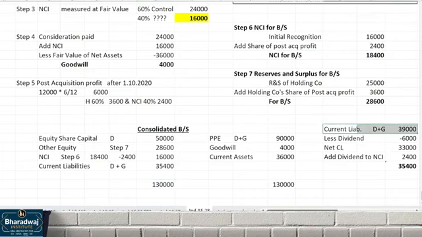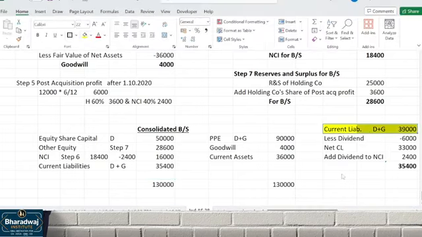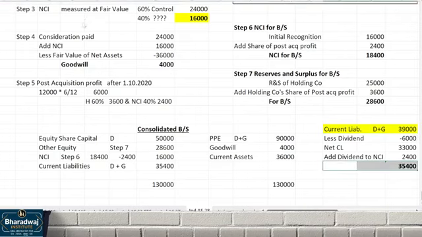Otherwise, wait. What is the current liability given in the balance sheet? 39,000. What is the current liability we are reporting? 35,400 we are reporting. What is the difference in the current liability of the consolidated balance sheet? 39,000 current liability is given, but we are going to show only 35,400 as current liability. The difference, 3,600, is what? The total dividend payable is 6,000. How much belongs to the holding company?